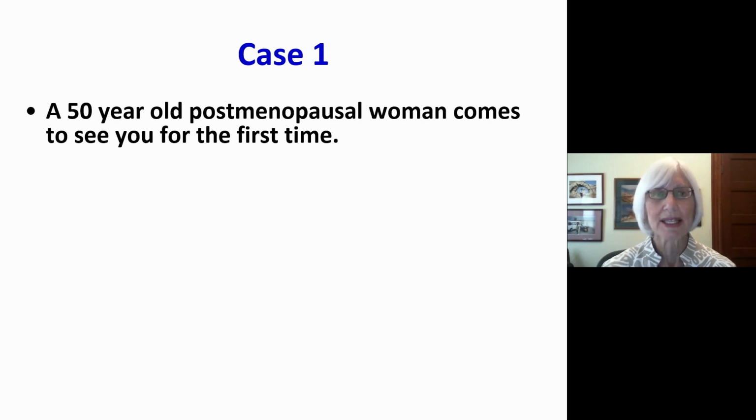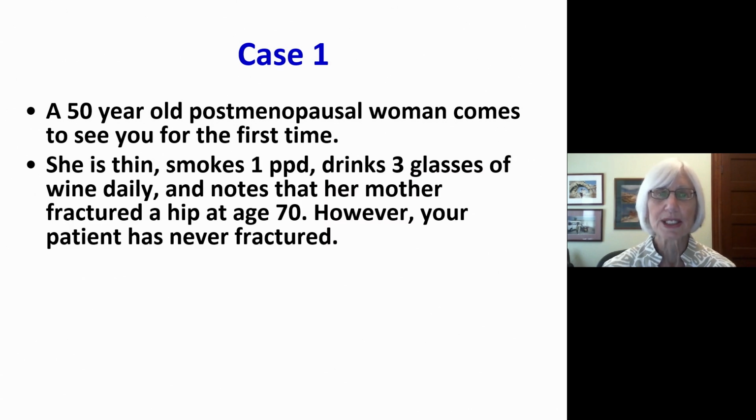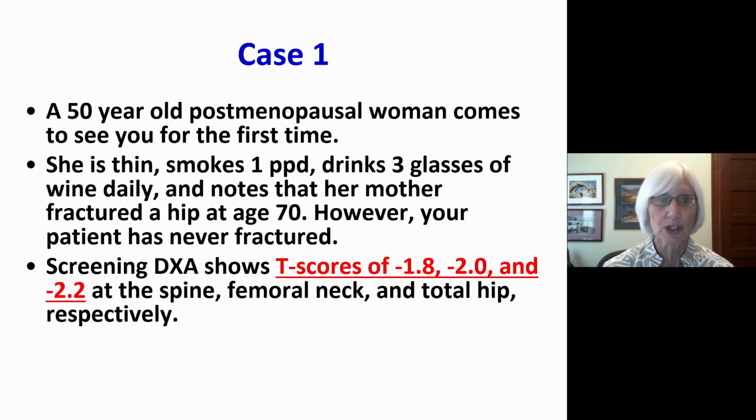So case 1, this is a 50-year-old postmenopausal woman who comes to see you for the first time. She is thin, she smokes 1 pack per day, she drinks 3 glasses of wine daily, and notes that her mother fractured a hip at age 70. However, she herself has never fractured.